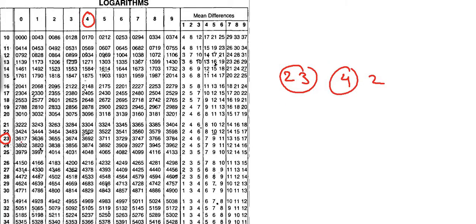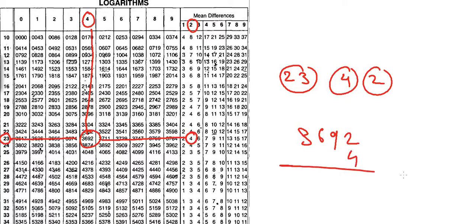Here is 4. Find their intersection. Their intersection is 3692. Mean difference is 2. So here is the mean difference. And so the mean difference is 4. Add 4 to it. So this is 3696 mantissa.